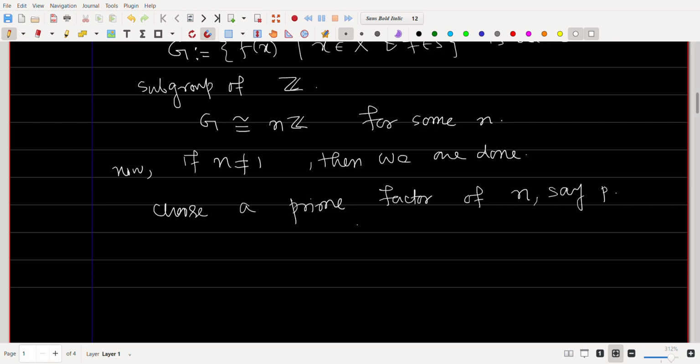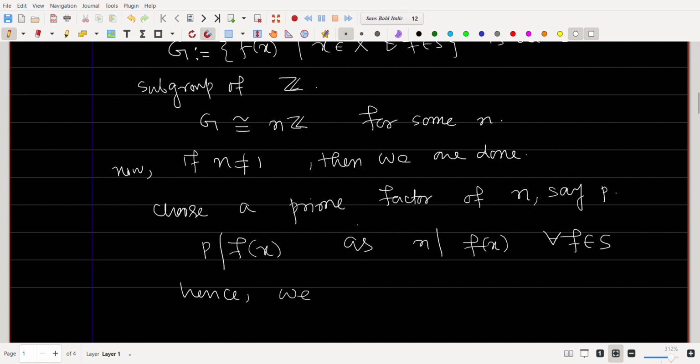Then p divides f(x), as n divides f(x) for all f in S. Hence we are done. So the only thing we need to show is that n is not equal to 1.